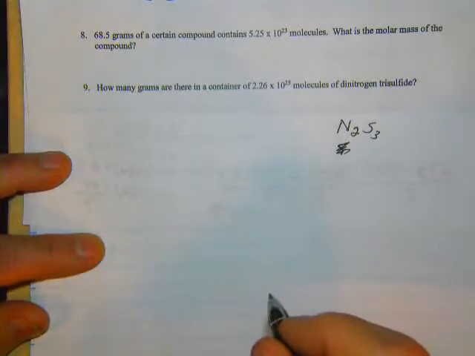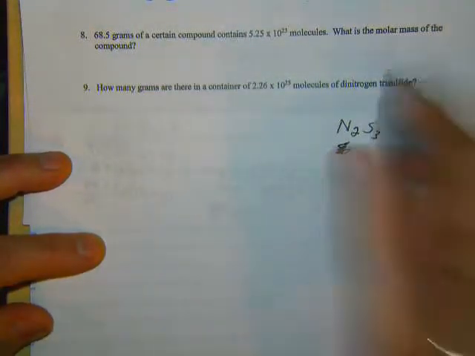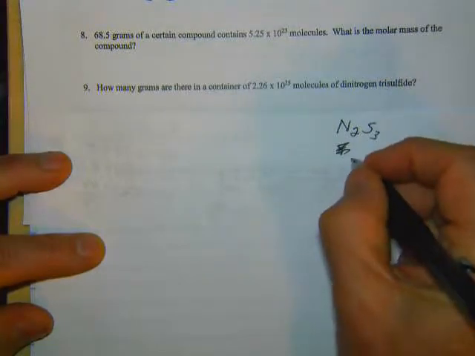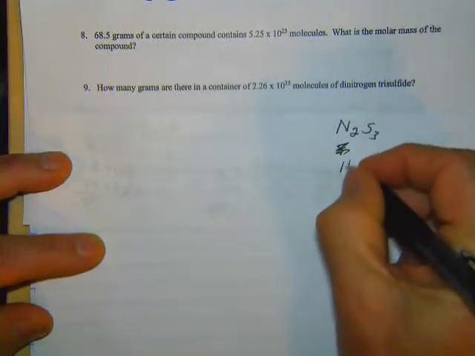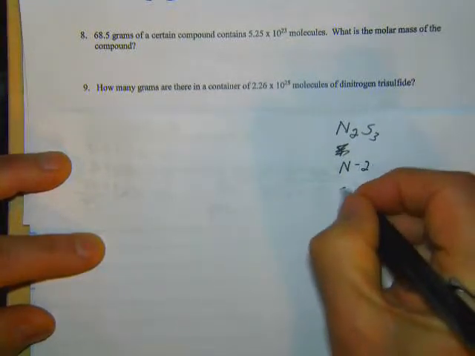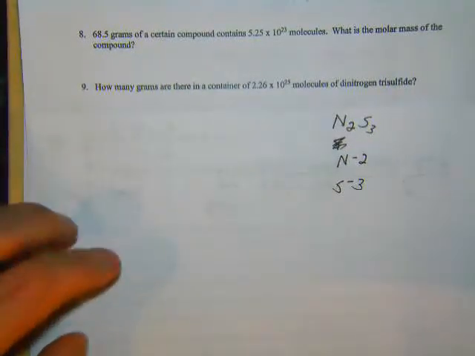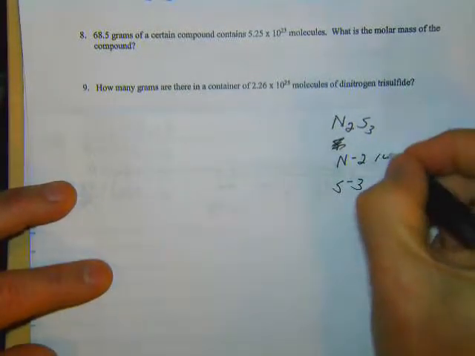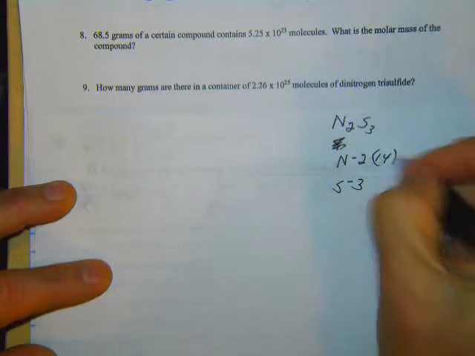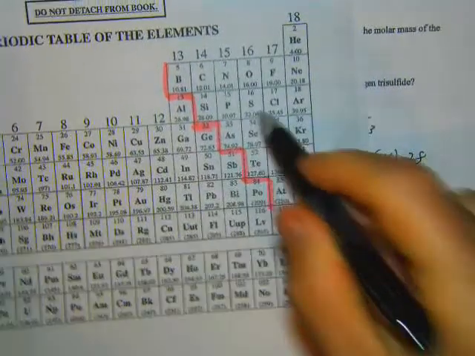So for this particular problem, we need, let's go ahead and do it. So for nitrogen, I have 2. Sulfur, I have 3. Nitrogen, I know is 14. So that's 28. Sulfur, let's look that one up. Sulfur's 32.